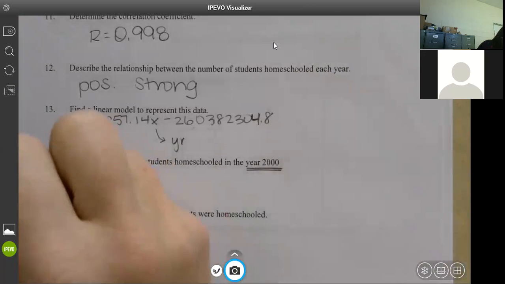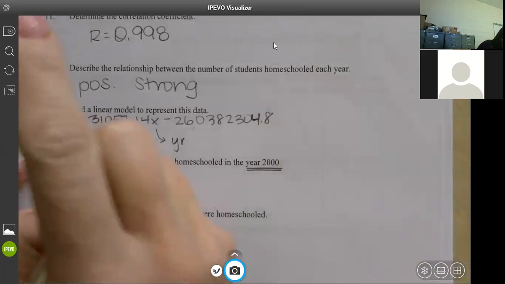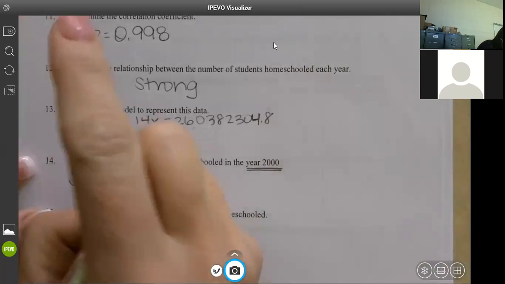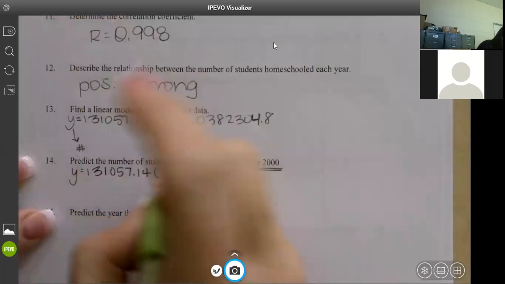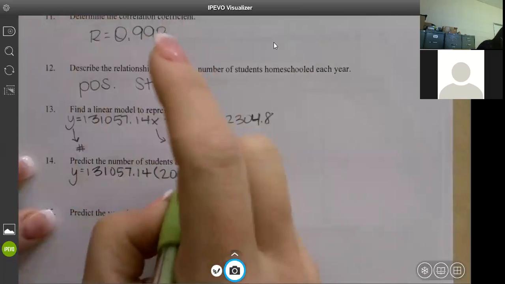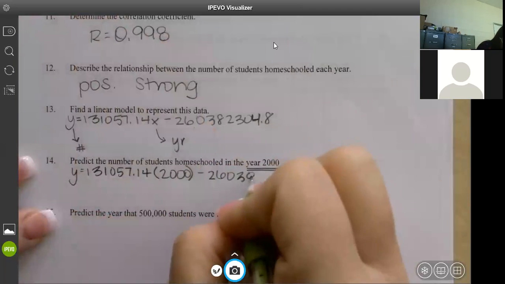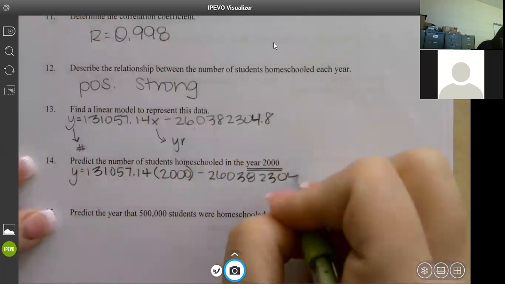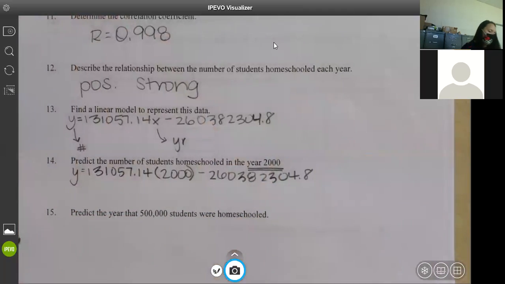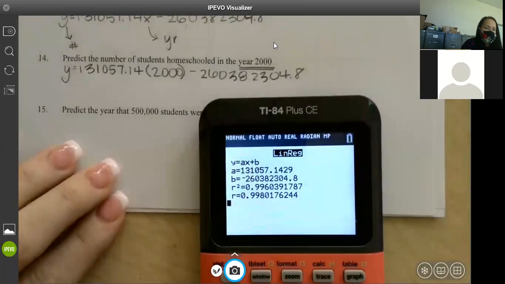For X, perfect. 131,057.14. When you get to X, put the 2000 in parentheses. Minus 26038230.48. And then you're just going to type that in your calculator. I'm going to slide it up so you guys can see it.